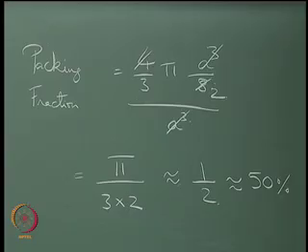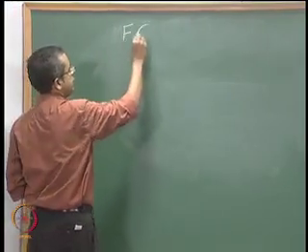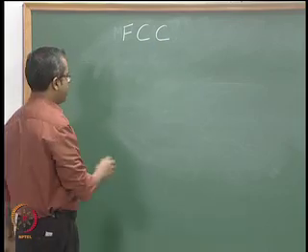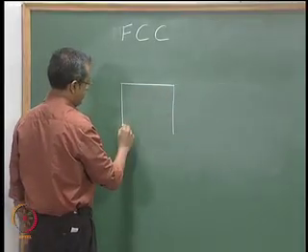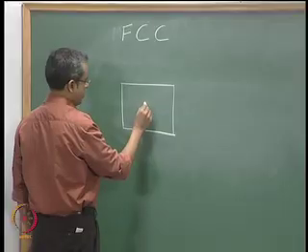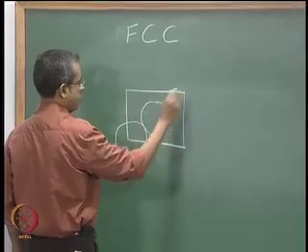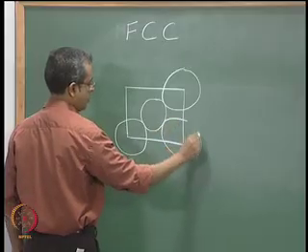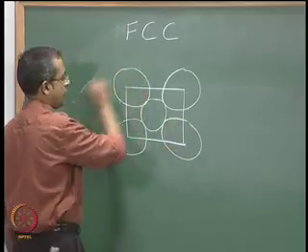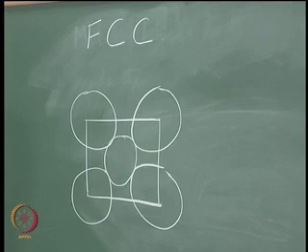If you look at a so-called close packed structure, like the face centered cubic structure, FCC, in a face centered cubic structure, if you just look at the face of the cube, based on symmetry considerations, it is enough if we look at just one face of the cube for our purposes. So a face centered cubic structure looks something like this.